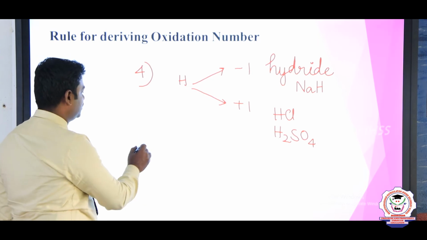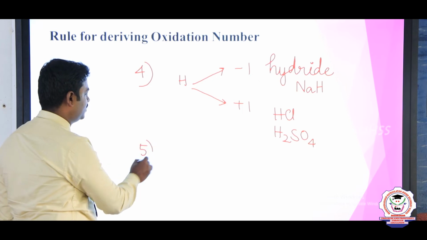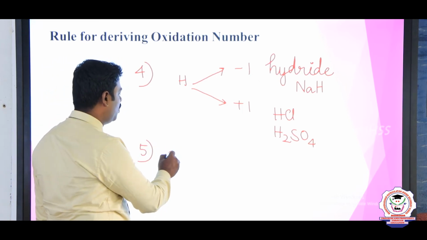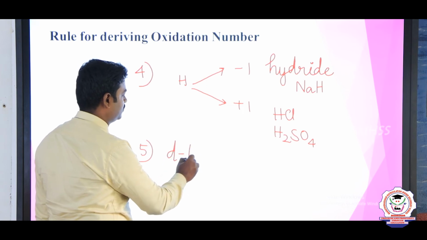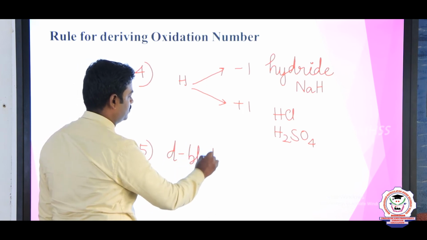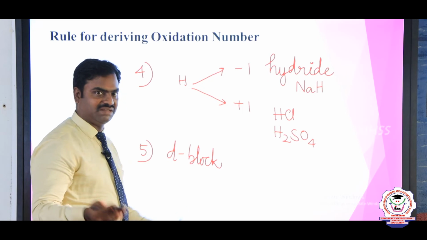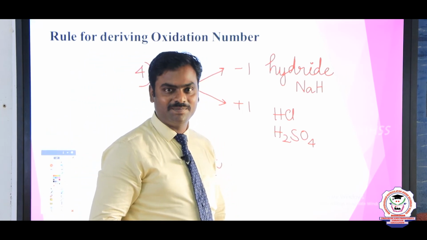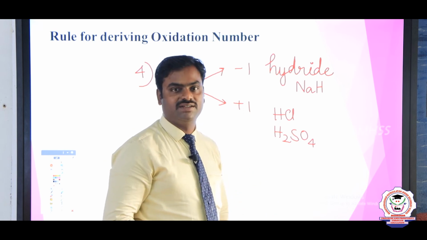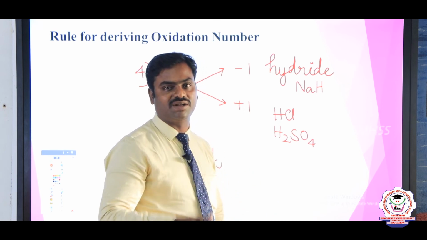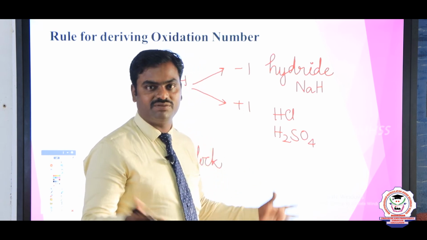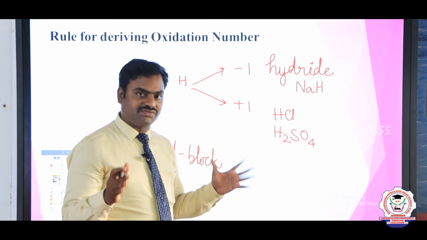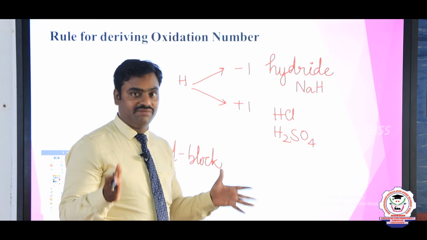And then the fifth one, the D block elements. D block contains more of the metals, mostly metals. They show variable oxidation states. So here is the difficult part, where we find out the oxidation number of D block elements. How can we find these?